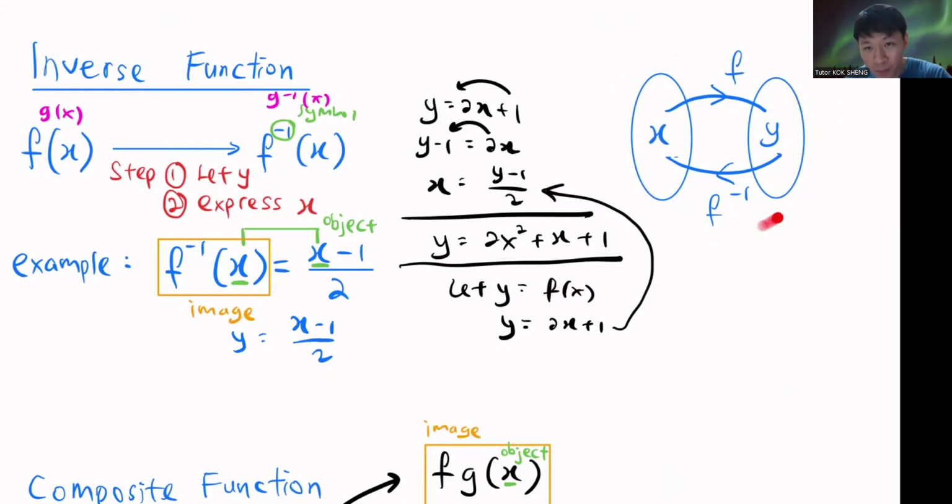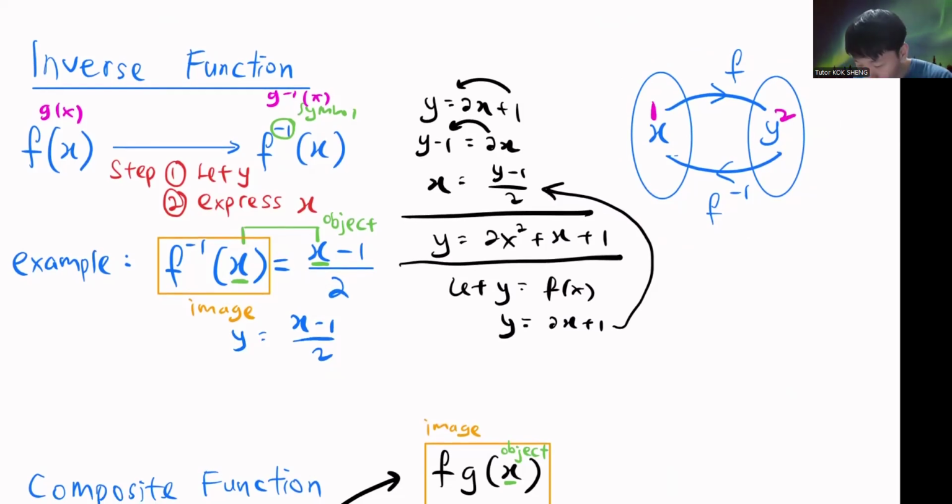These two x. Just now I said to follow the arrow. I put the example here again: 1 here, 2 here. You see the arrow? F is left to right. So you write this object 1, image 2. Now you see the next one.